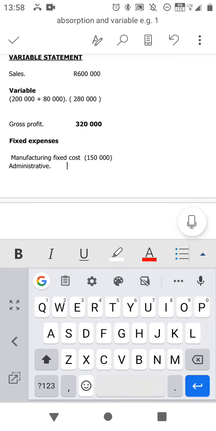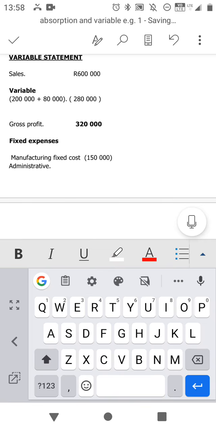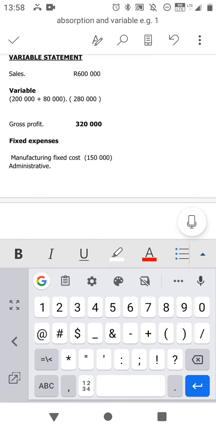We're going to have the amount of 80,000. This one is the one which was fixed, because we are dealing with the variable. It is not included as a cost of sales or a product cost.